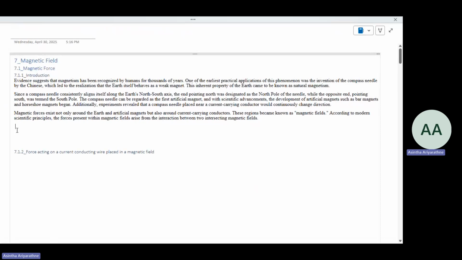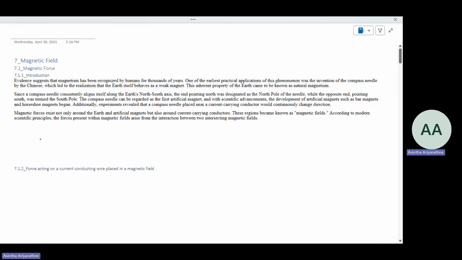Two types of magnets: permanent magnets and induced magnets. The first one is the permanent magnet.